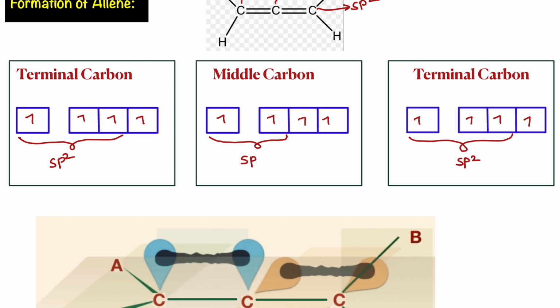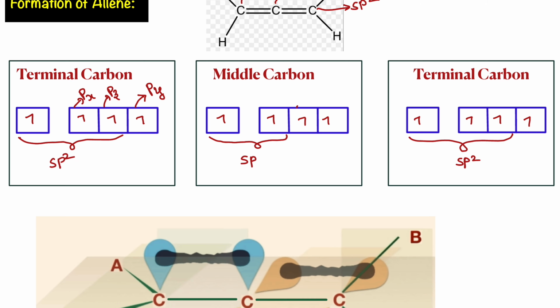For the sake of convenience, here I am taking the unhybridized orbital as py, and the hybrid orbitals as px and pz. With this you will understand the orientation of the pi bond between the first and second carbon, and the second and third carbon.